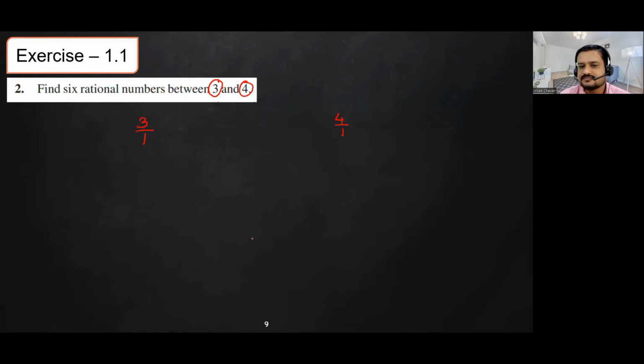Yes or no? Okay. So now 3 and 4, they are in the form of p by q.